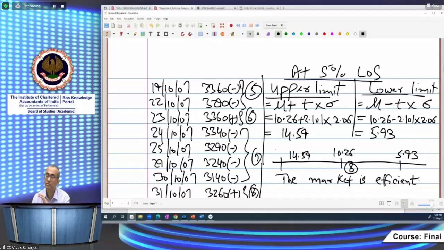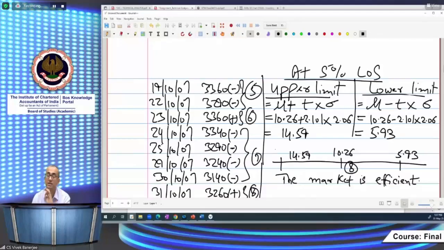The lower limit formula is mu minus t into standard deviation. Putting the figures in, the answer is 5.93. We test whether the number of runs is between the lower limit and upper limit. If it is, the market is efficient. We see that it is between the upper limit 14.59 and lower limit 5.93.